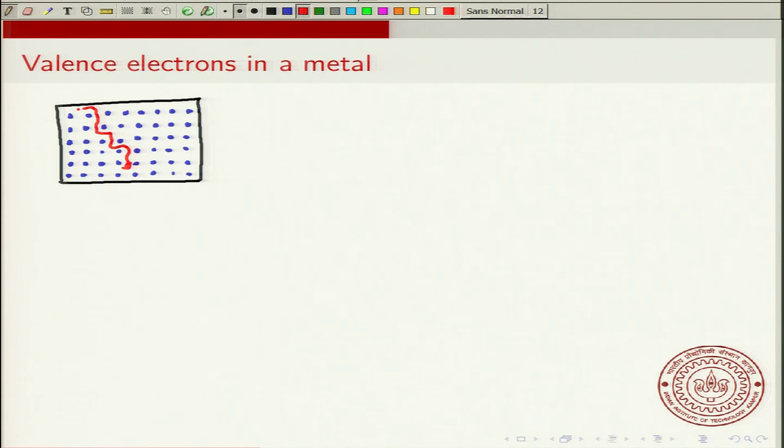This will be true of all the valence electrons in all the atoms, and so you will have all these valence electrons just roaming around, and they come from different atoms. So, the idea is that these valence electrons are not tied to any one atom, and they freely go around in the metal, and this is what gives the metal lots of its properties like conductivity, etc. So, the valence electrons of the metal roam around throughout the solid.